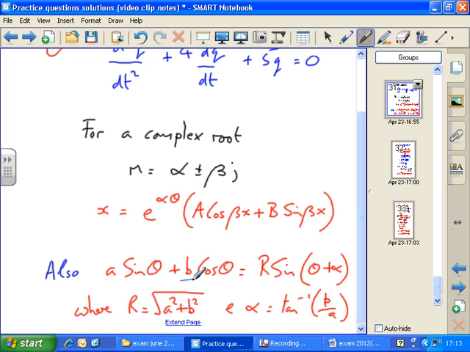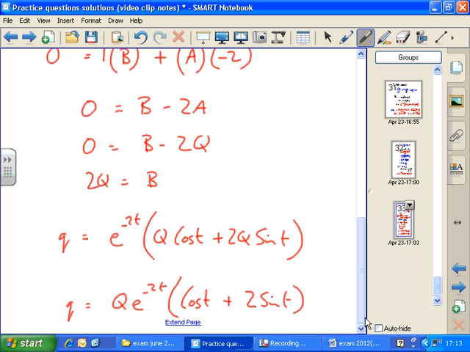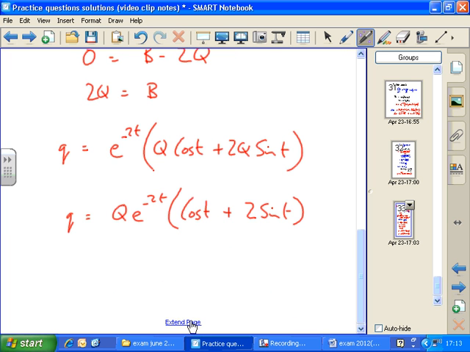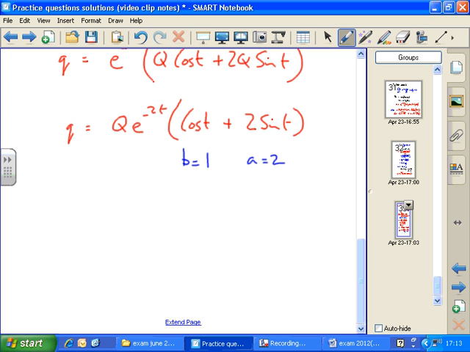So going back to our solution here, b equals 1 and a equals 2. So a sine theta plus b cos theta equals r sine theta plus alpha.